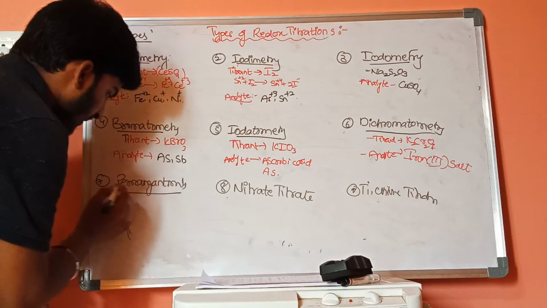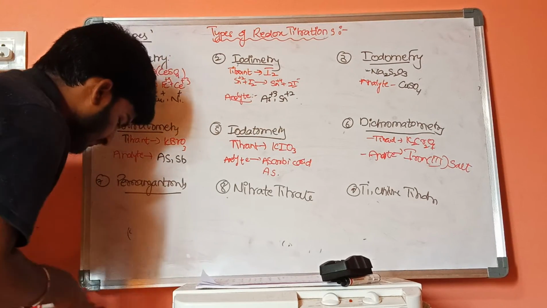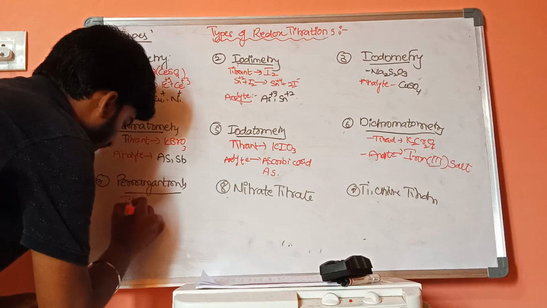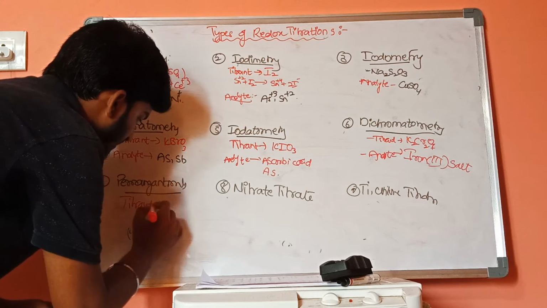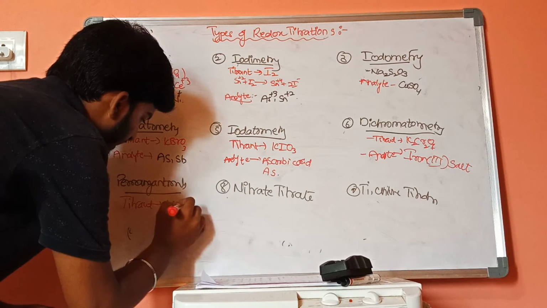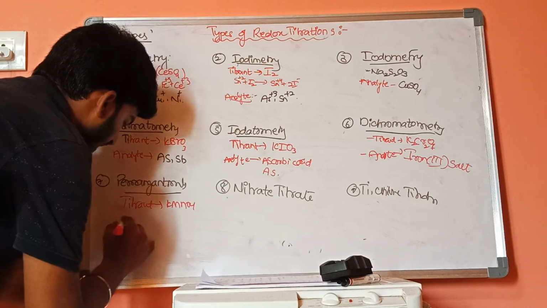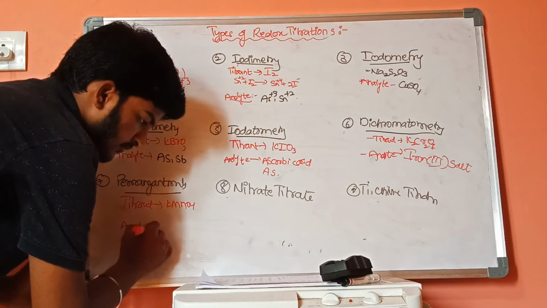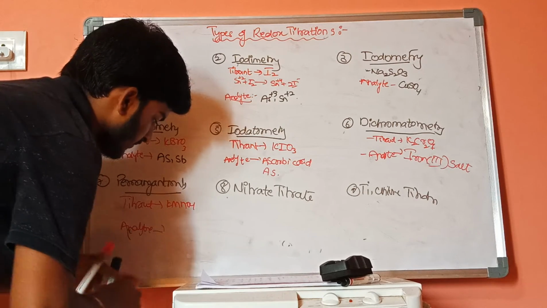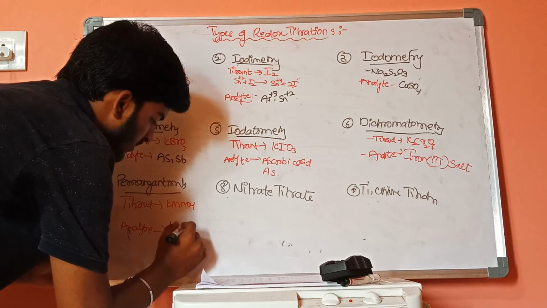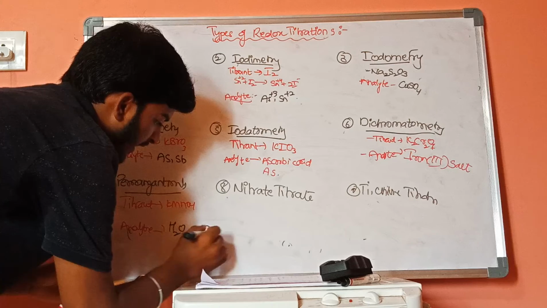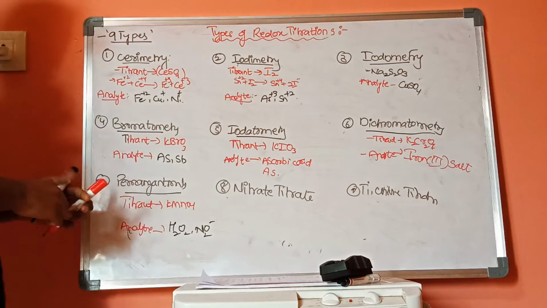In permanganometry, the titrant is KMnO4 and the analytes are hydrogen peroxide and NO2 minus.